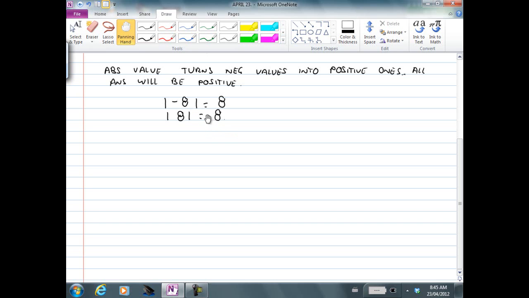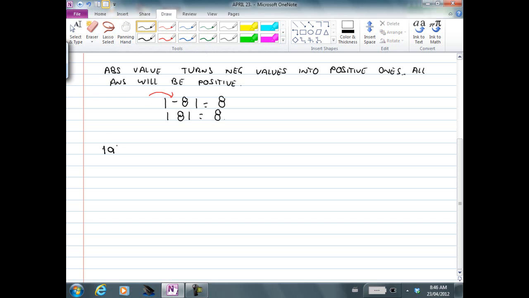So this is just what it does. But the key about it is, what the heck happened to this negative sign? I'll explain tomorrow what an absolute value does. But in short, absolute value turns all the negative values into positive. Now, it gets a bit more specific. It says this.